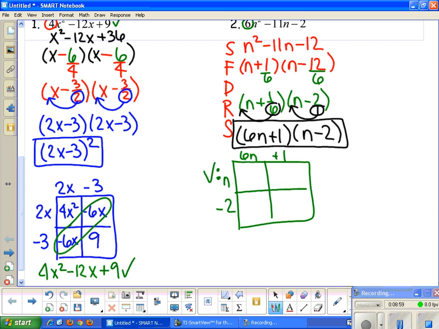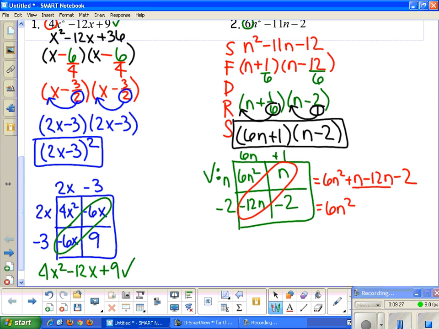So n times 6n gives me 6n squared, n times 1 gives me n. Negative 2 times 6n gives me negative 12n, and then negative 2 times 1 gives me negative 2. Then I'm going to circle my like terms, which are here. So I'm just going to go ahead and write this out. So we got 6n squared, plus n because it's positive n, minus 12n minus 2. We said these were our like terms, so this becomes 6n squared minus 11n minus 2.